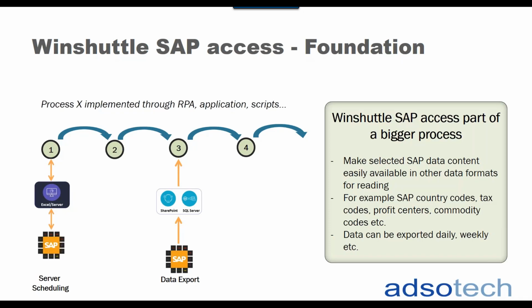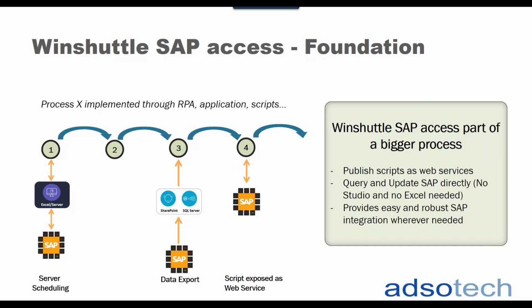And the third thing here is very interesting and provides a lot of possibilities. When you have built a Winshuttle script with a transaction or with a query, you can publish that script as a web service.